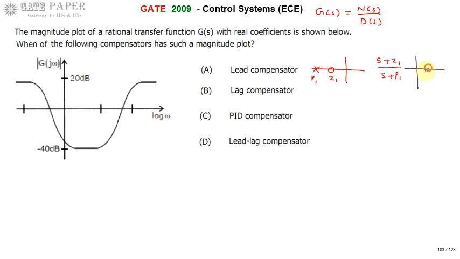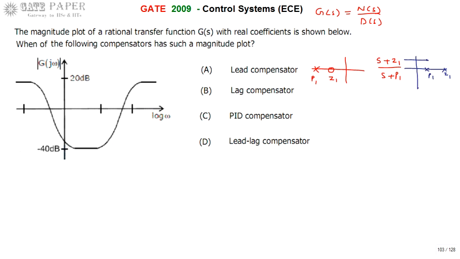Now draw the Bode plot, which is magnitude versus frequency. As the frequency increases, first you get P1, next you get Z1. Till P1 the magnitude is constant, and from P1 onwards the pole gives minus 20 decibels per decade.